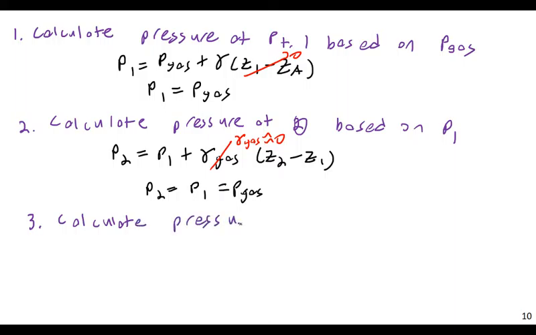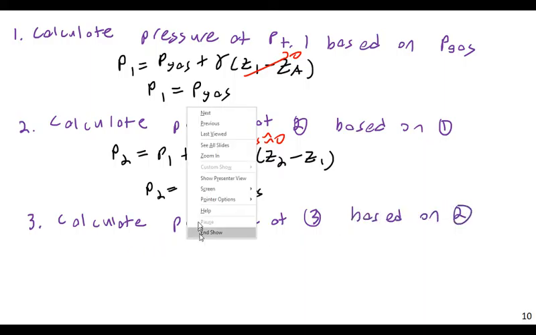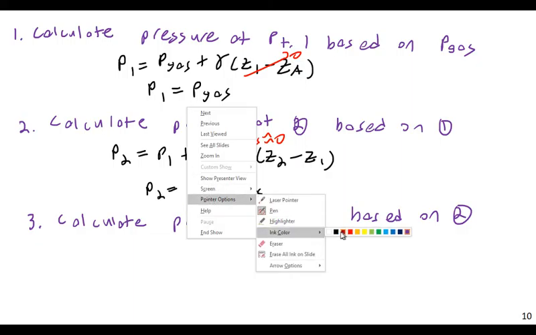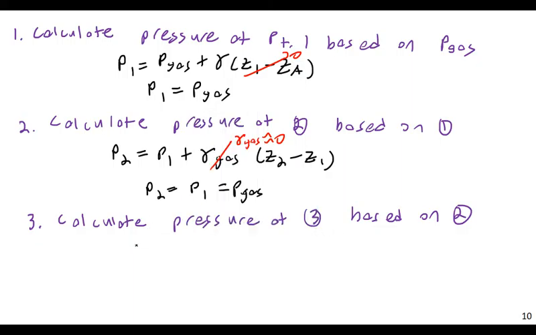We'll do the same kind of thing, except this time it won't cancel out. I will get that P3 is equal to P2 plus gamma gauge fluid times Z3 minus Z2. This is where the gauge fluid actually shows up.